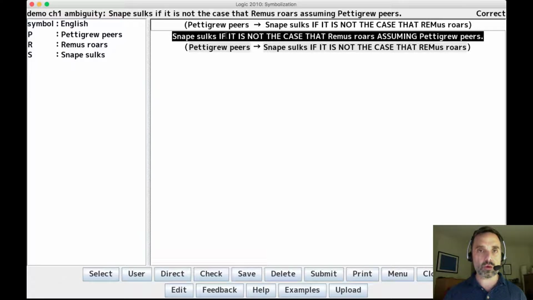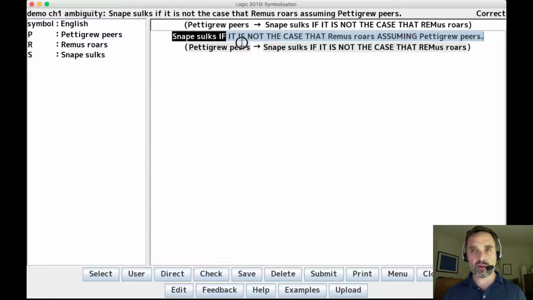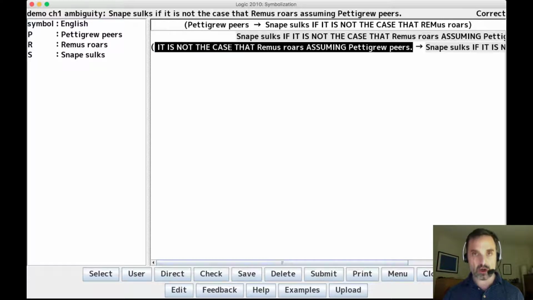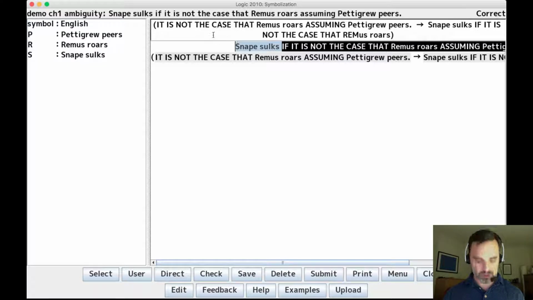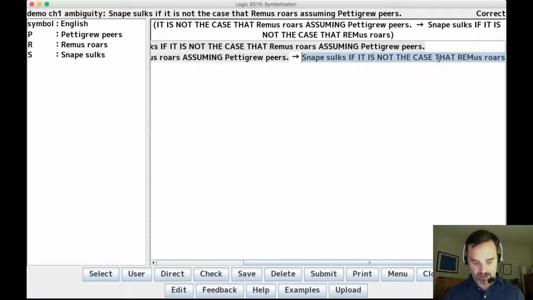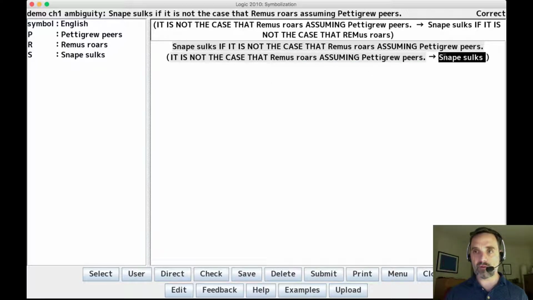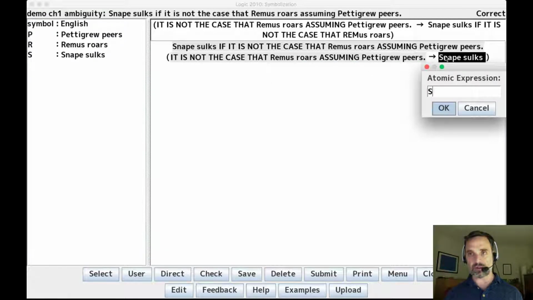The keyboard shortcut for that is Control-Shift-T. So the if hooks onto this, and Snape sulks is going to go there. So we have over here Snape sulks in the consequent, that's atomic S.